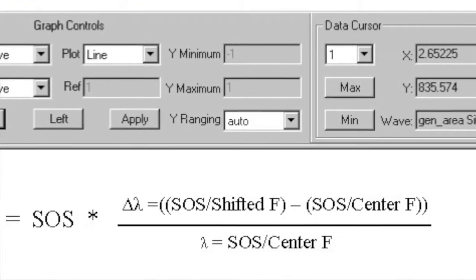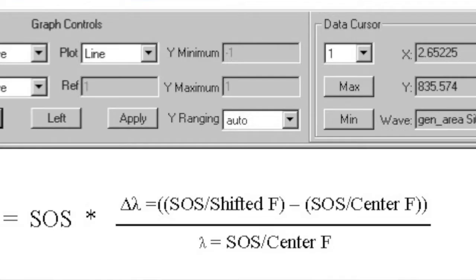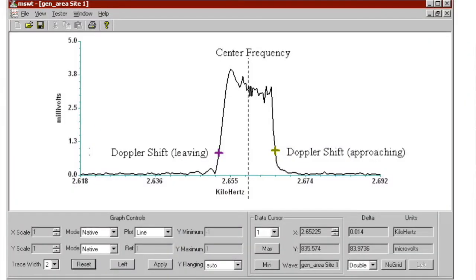Now, the shifted f, it's either one side or the other. You can take your pick. But I figured out where the center was by dividing the space between the two edges by 2. As you can imagine, if the train goes faster, both the speed approaching and the speed leaving get further away from the center frequency.